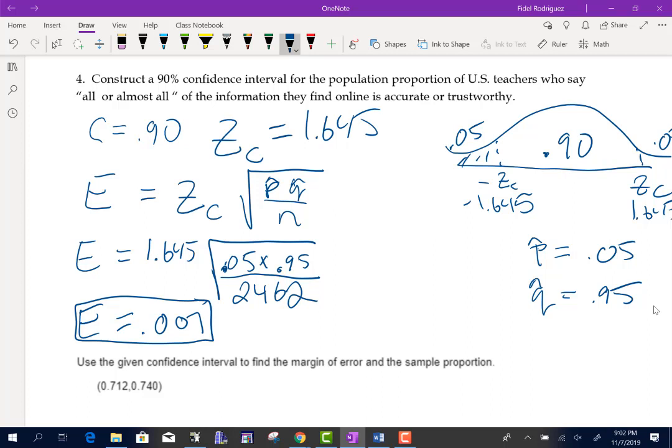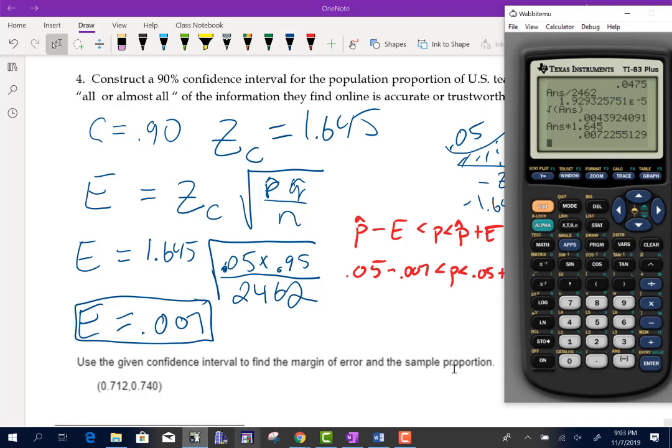Okay, so guys, remember how we're going to write our interval. We're going to go p hat minus E and p hat plus E. So 0.05 minus 0.007 and 0.05 plus 0.007. Okay.